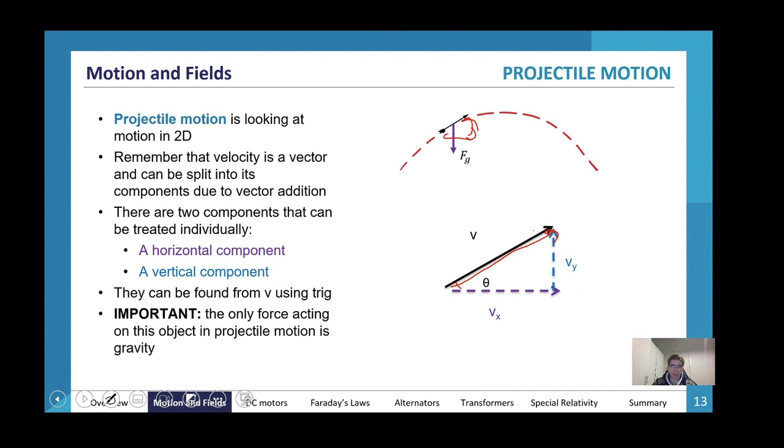To find the horizontal component of velocity, Vx is equal to V cos theta. And to find the vertical component, we usually use Vy is equal to V sin theta.